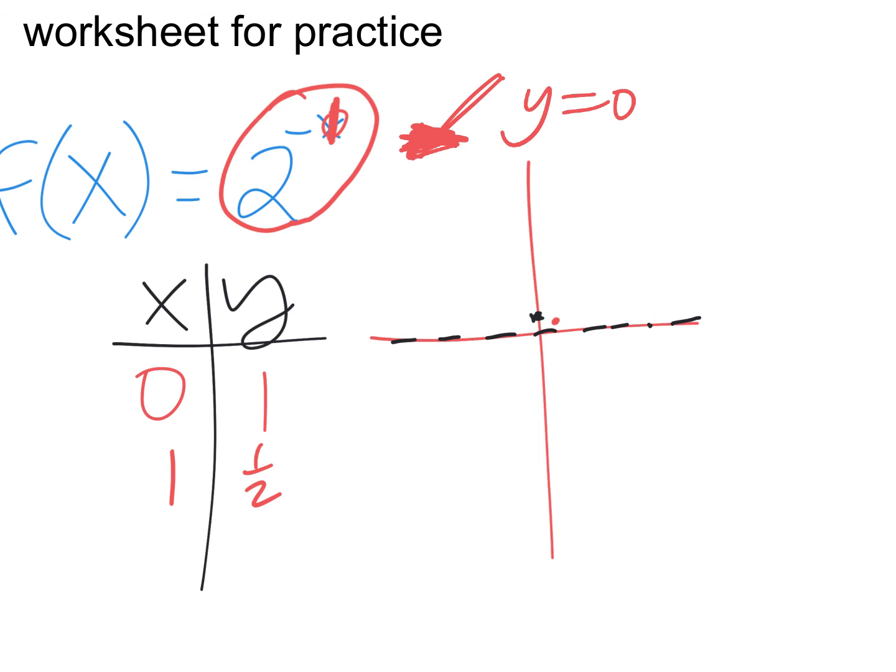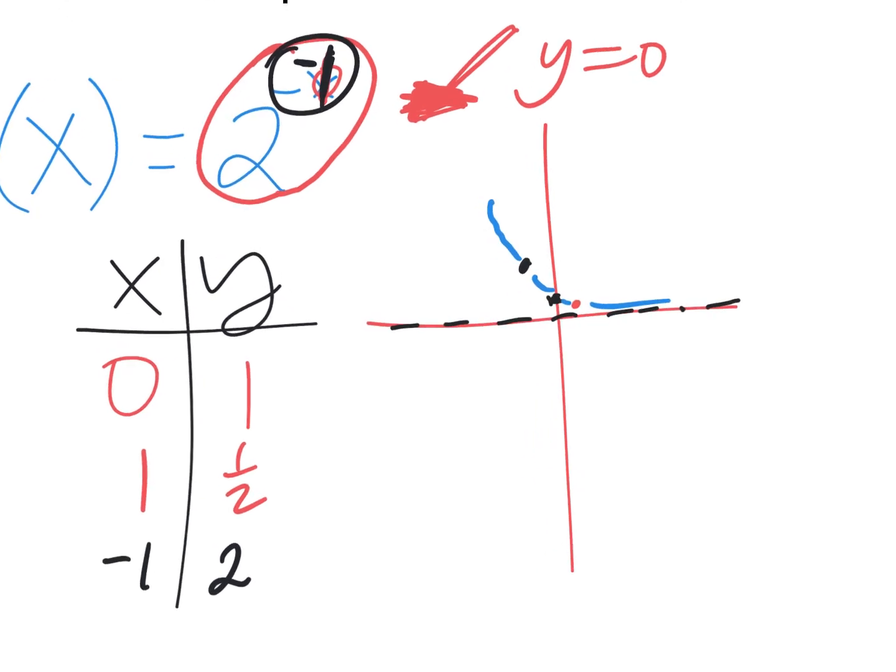Bennett, would you please put in -1 for me and tell me what you get? 2. Yeah, because this part becomes +1. 2 to the +1 is 2. So -1 comma 2. And there we go. And now I can draw my line. That's all there is to these. It's not that bad.